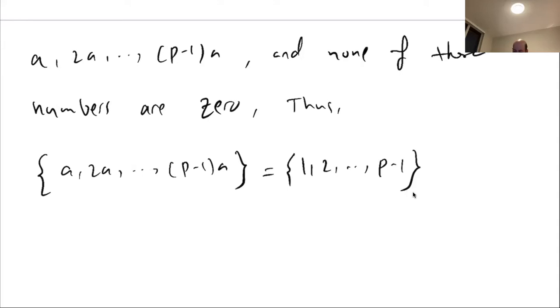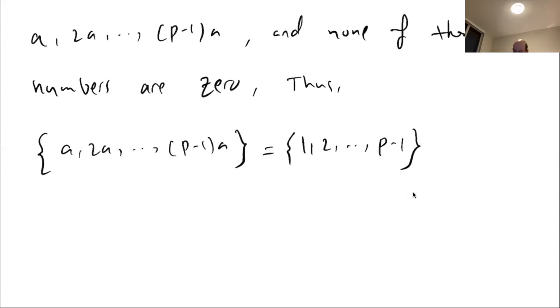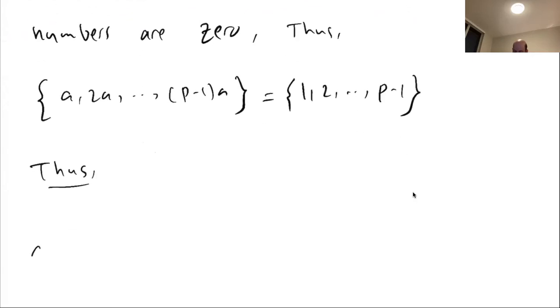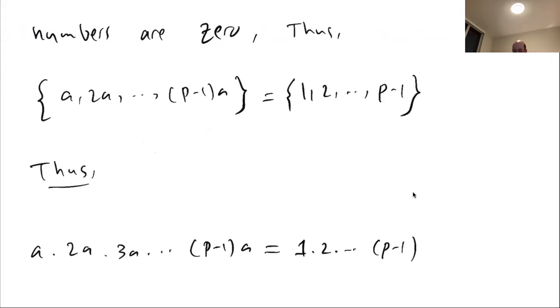So what does that mean? Thus, a times 2a times 3a times all the way to p minus 1 times a is equal to 1 times 2 times all the way to p minus 1, right? So the list of these numbers is the same as the list of these numbers. So the product of these numbers is the same as the product of these numbers.